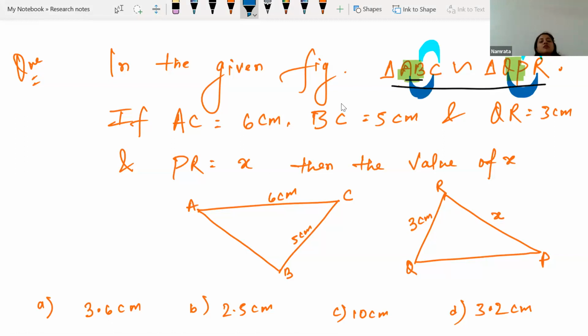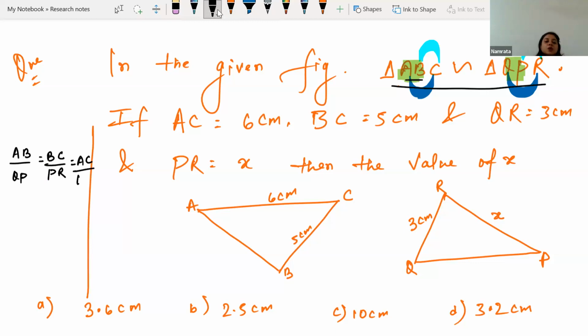Once you write the ratio between the sides, then you have to check which ratio is going to help you. So let's write it. I am saying that side AB by QP will be equal to side BC by PR will be equal to side AC by QR. These sides are in proportion with each other.